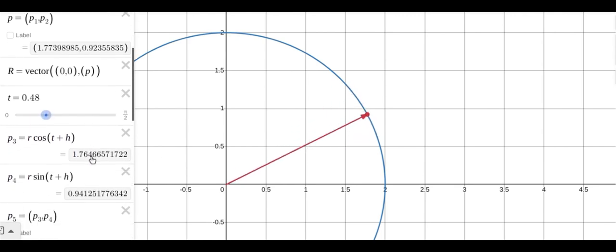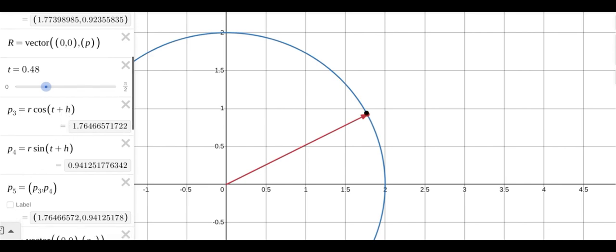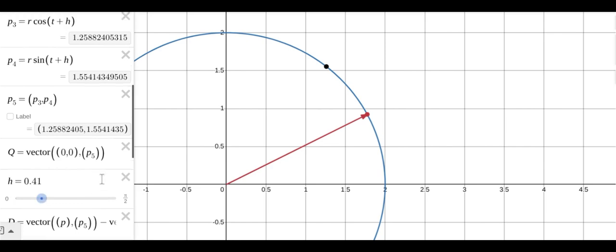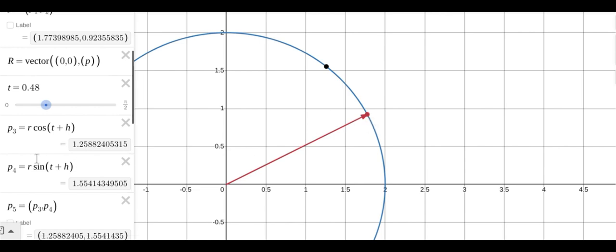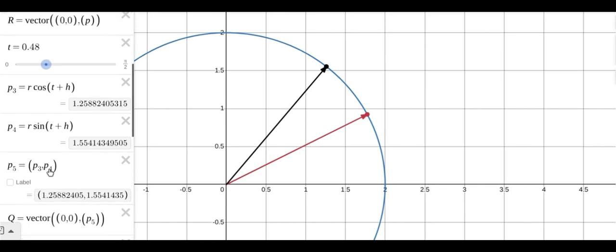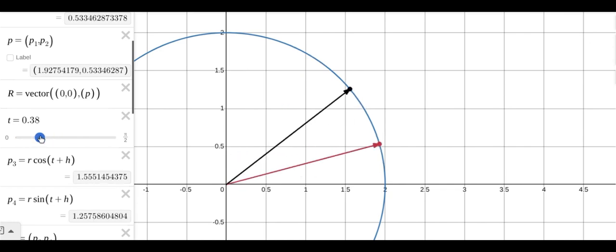Now what I want to do is add an increment to this angle, just an increment, and define a new point up here. I see that it's already too close, so let's move it away. I'm just increasing this increment away from this point here. That will define a new vector, and both of those are going to change in tandem with the angle.